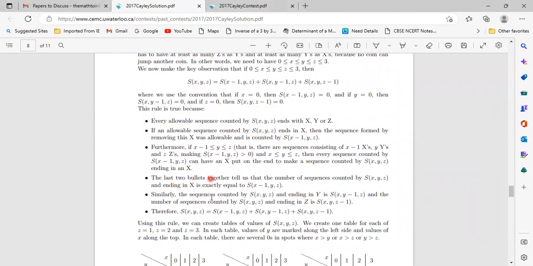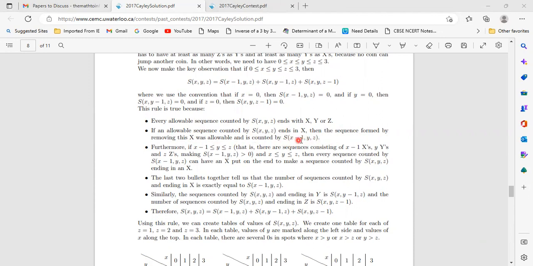Okay, so we are coming to a few conclusions here. Every allowable sequence counted by S of X comma Y comma Z ends with capital X, capital Y, or capital Z. It can't go beyond that. If an allowable sequence counted by S of X comma Y comma Z ends in X, then the sequence formed by removing this X was allowable and is counted by S of X minus 1 comma Y comma Z. Which means it's just 0.